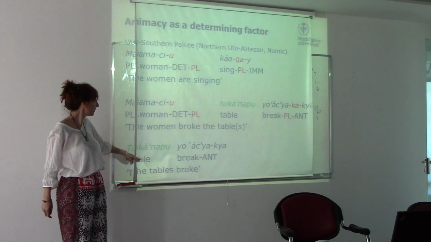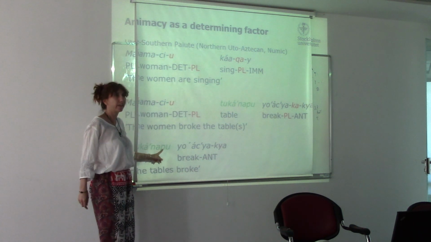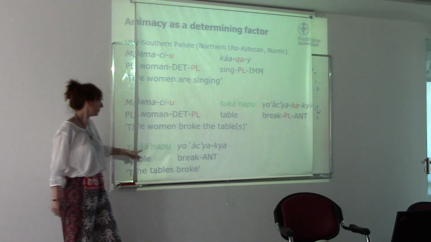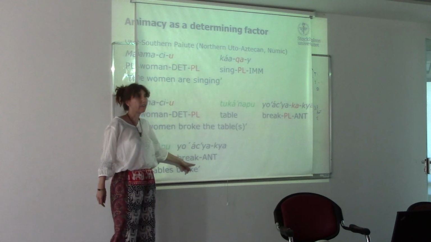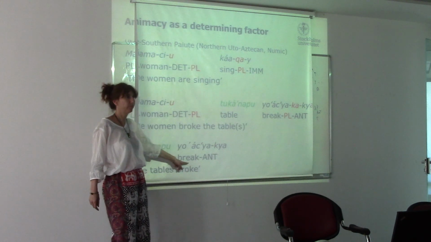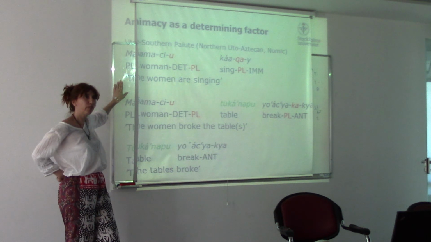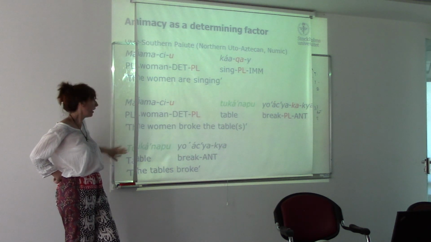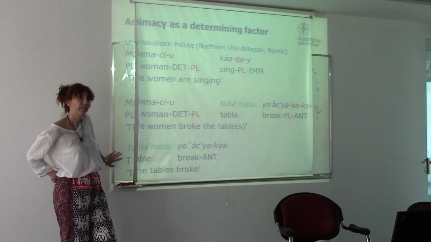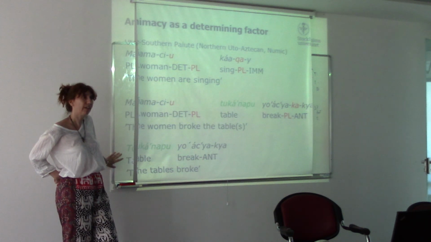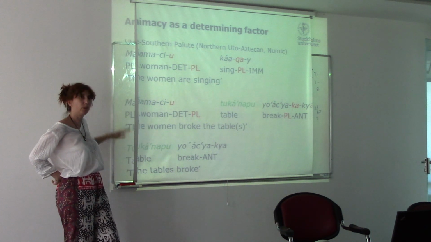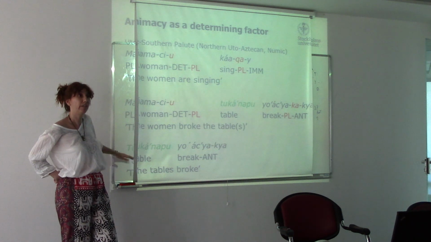The third sentence: there is no marking on table, and there is no marking on the verb. So, animate nouns receive plural marking. Inanimates do not. Animacy is the ground that determines whether you will be indicating plural in the first place.